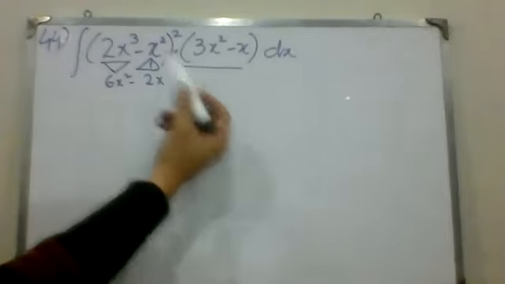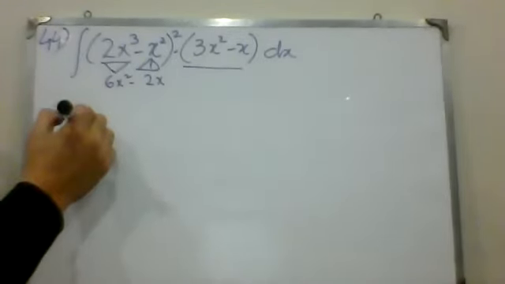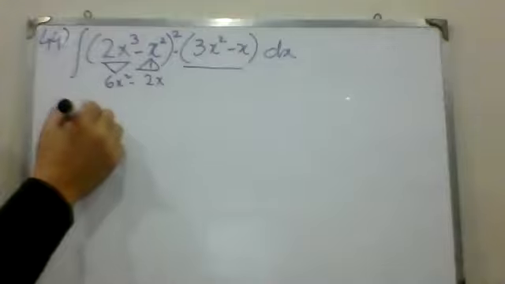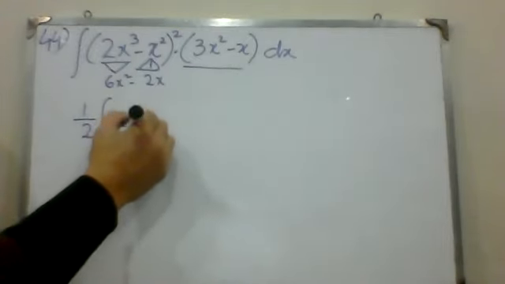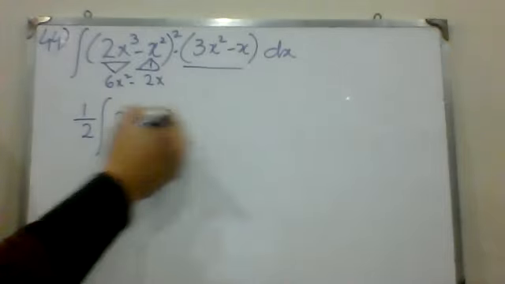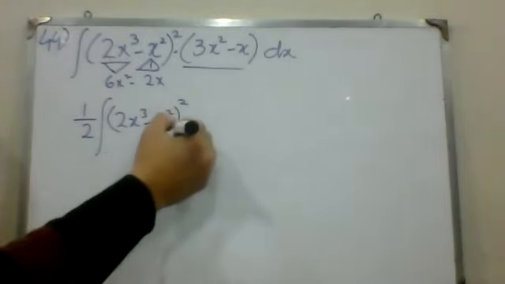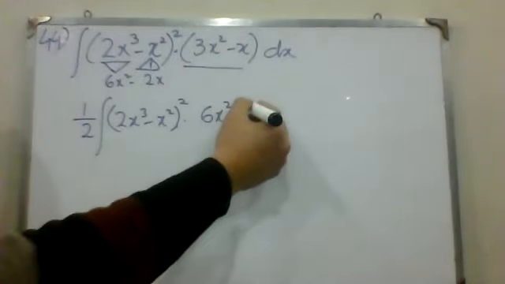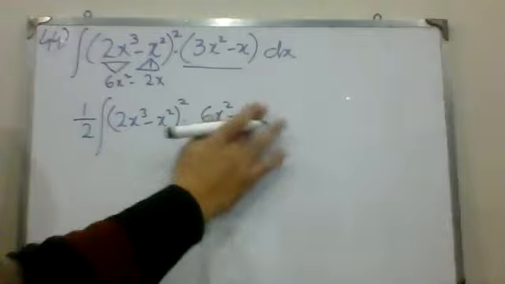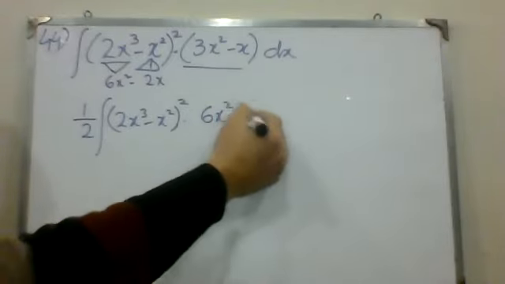So before the integral, we divide outside by 2, and inside, (2x cube minus x square) whole power 2 multiplied by (6x square minus 2x).